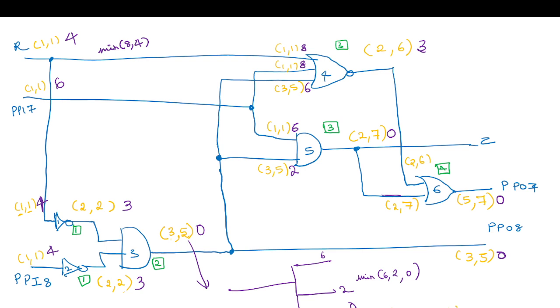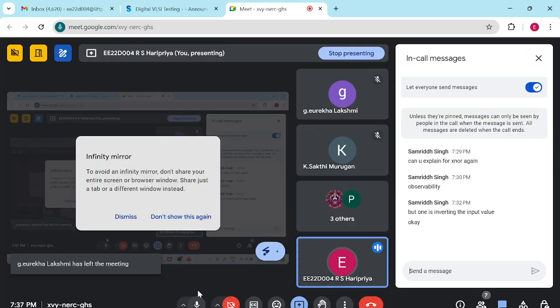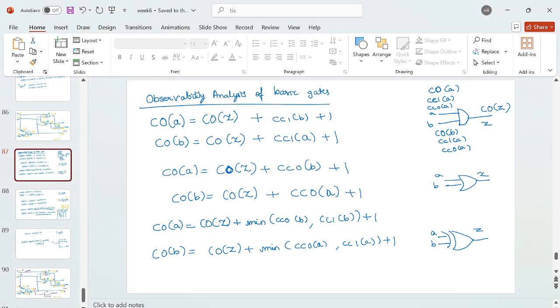Any doubts? So we have seen the SCOAP analysis.